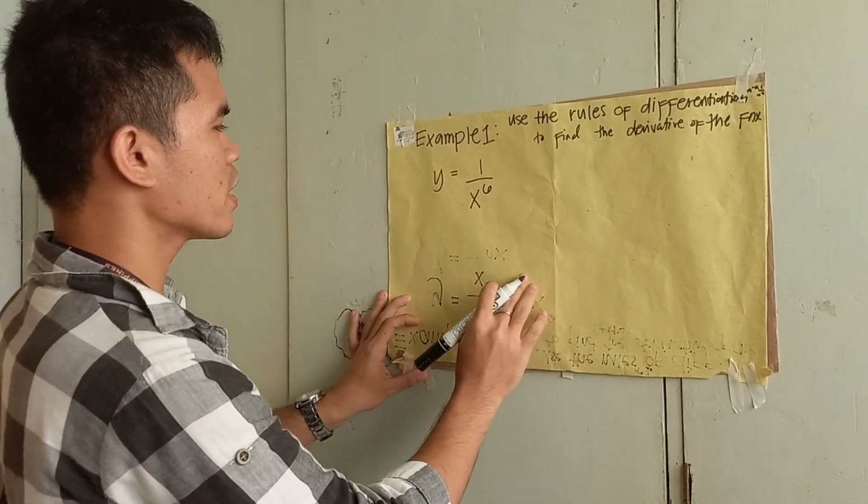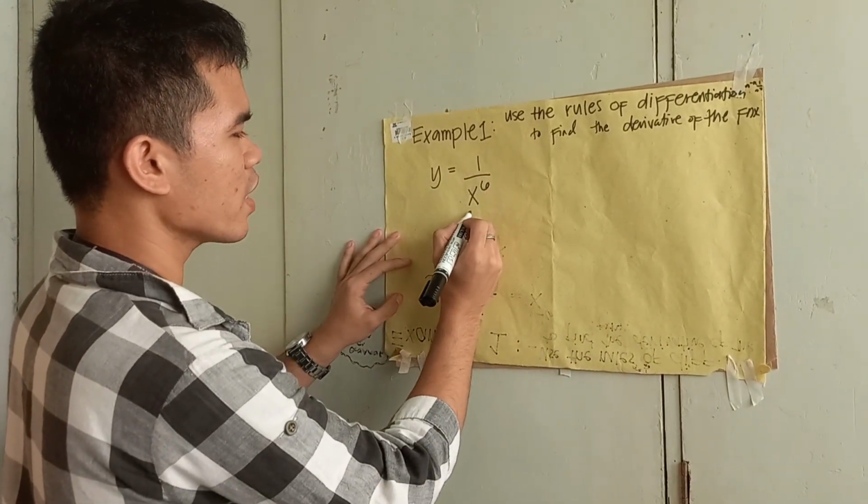So here is an example of using the rules of differentiation to find the derivative of a function. The given is y equals 1 over x to the power of 6.